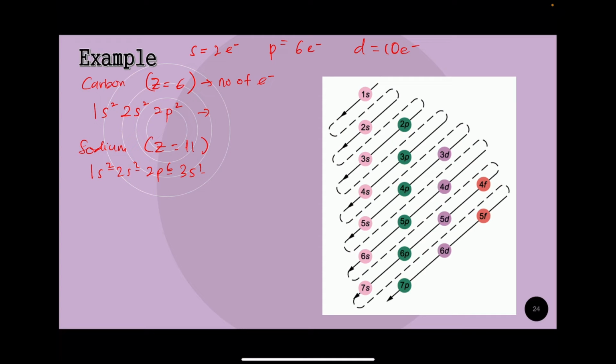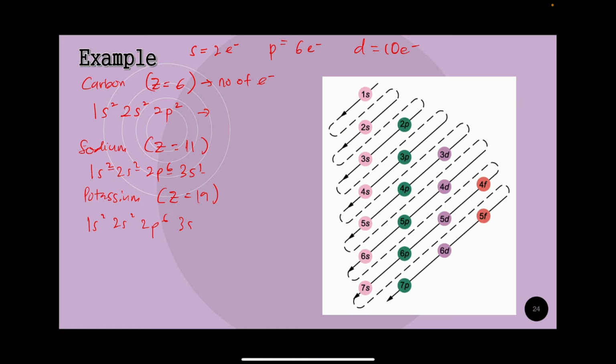And then we move to the next example. What if we use potassium? Z is equal to 19. We start with 1s2, 2s2, 2p6, and then another 9 left.